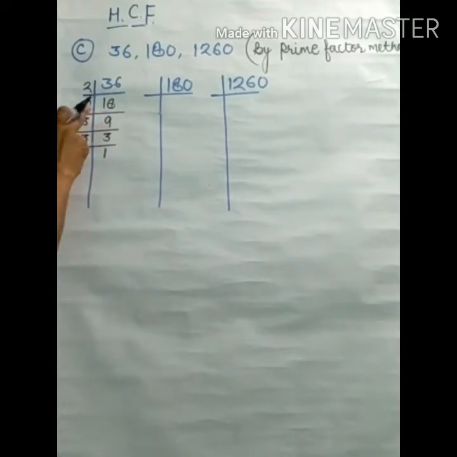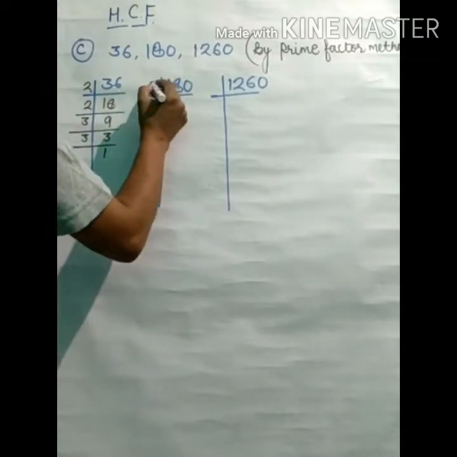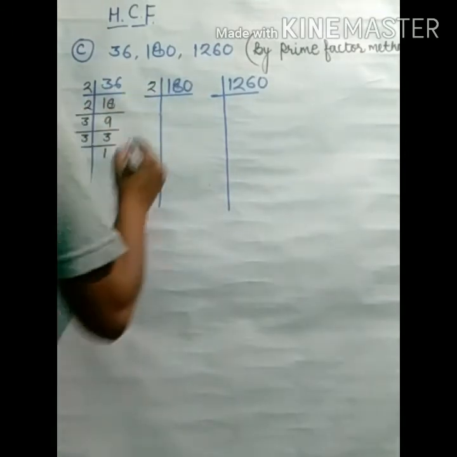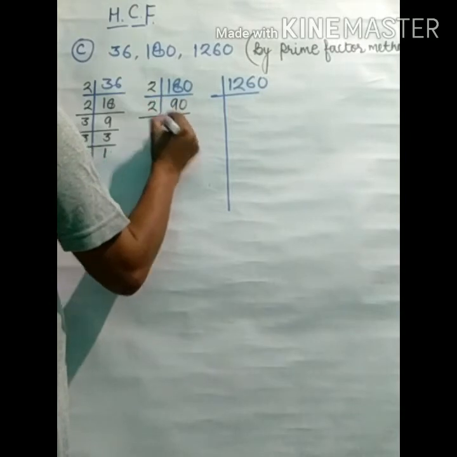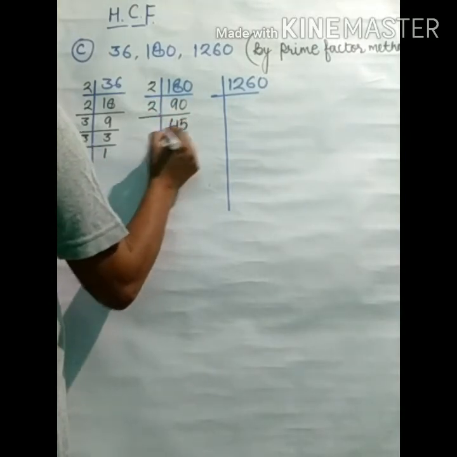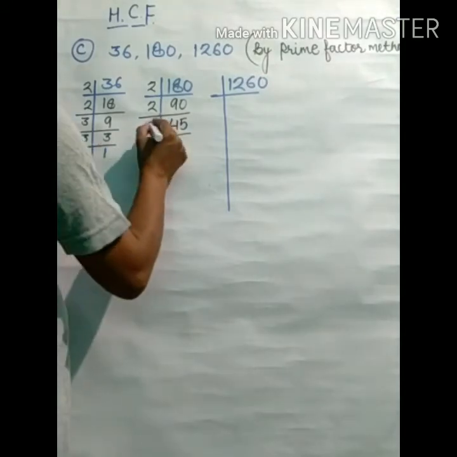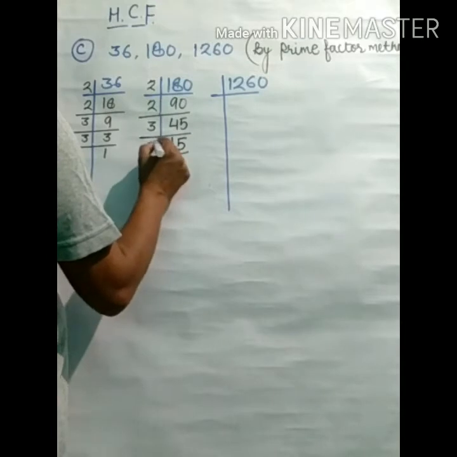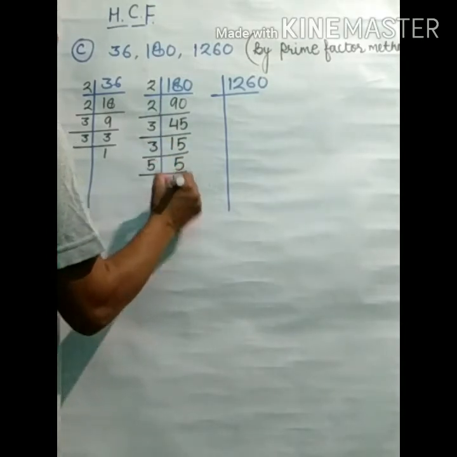Because 9 is not divisible by 2, we divide by 3, giving 3, and then by 3 again, giving 1. Now 180 is divisible by 2 because at the end there is 0. 2 divides 180 to give 90, again by 2 gives 45. Now 45 is not divisible by 2, so we divide by 3, giving 15. 15 is divisible by 3, giving 5, then 5 divided by 5 gives 1.